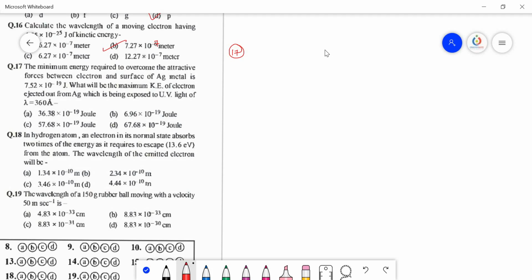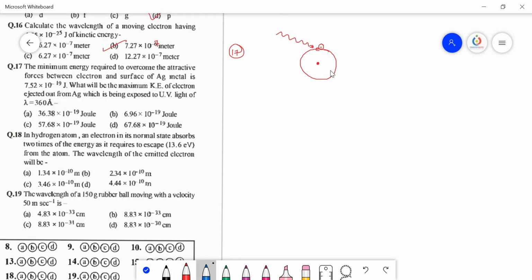So according to the photoelectric effect, we know that there is a particular atom whose nucleus is at the center of the atom, and an electron is revolving around the nucleus. When light of certain frequency or wavelength falls on the electron, this electron absorbs the energy.